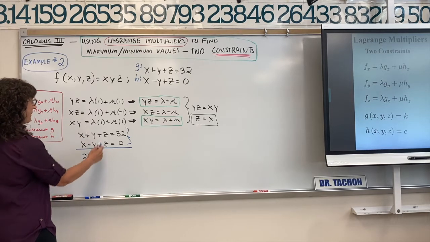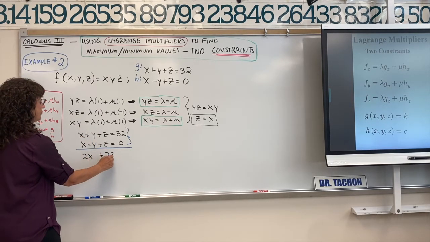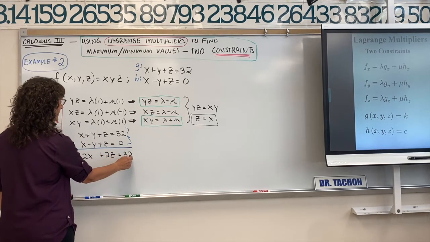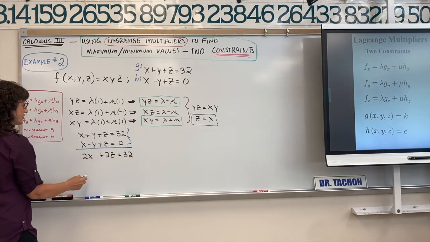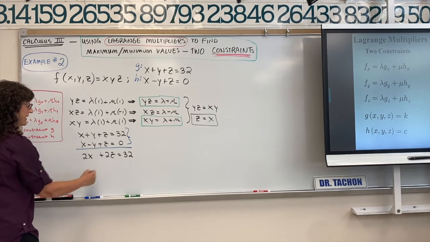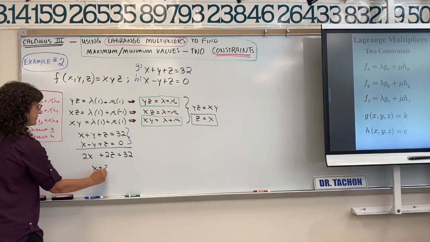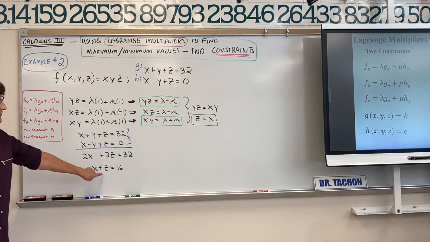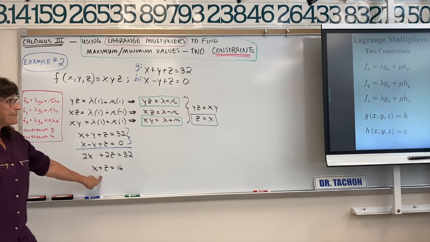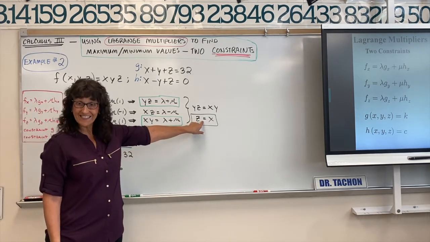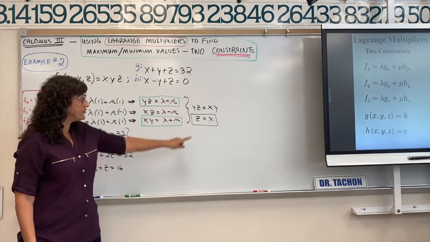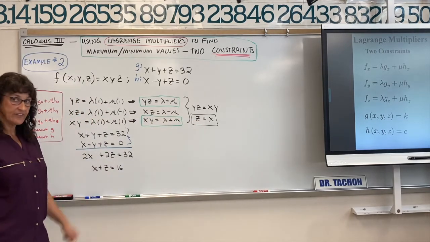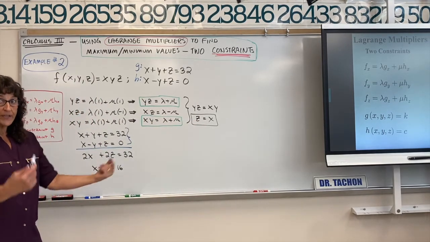The y's drop out. Add the z's together and you have 2z. 32 plus 0 is 32. You can divide every term by 2. So you have x plus z equals 16 when you divide by 2. X plus z equals 16. From my lambda mu equation over here, x and z are equal to each other. Well, if they're equal to each other and they add up to 16, we know what x is and we know what z is.